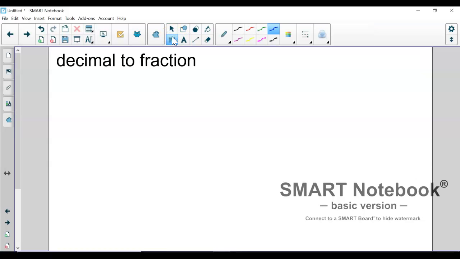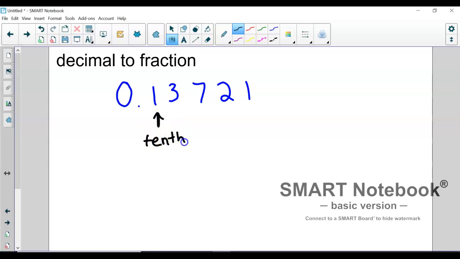So whenever we have a decimal, like let's say we've got 0.13721. So we call this place right here our tenths place. This one is our hundredths. This one is our thousandths.